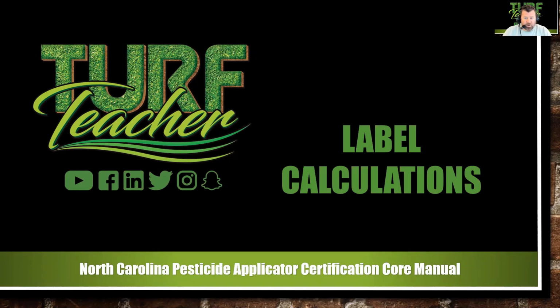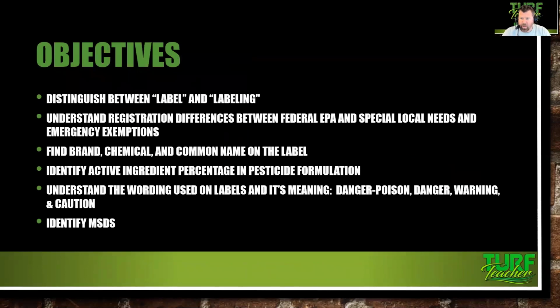So we'll go ahead and get started with label calculations. Our objectives: we are going to distinguish between a label and a labeling. Label is what's printed on the container, the pesticide container itself.